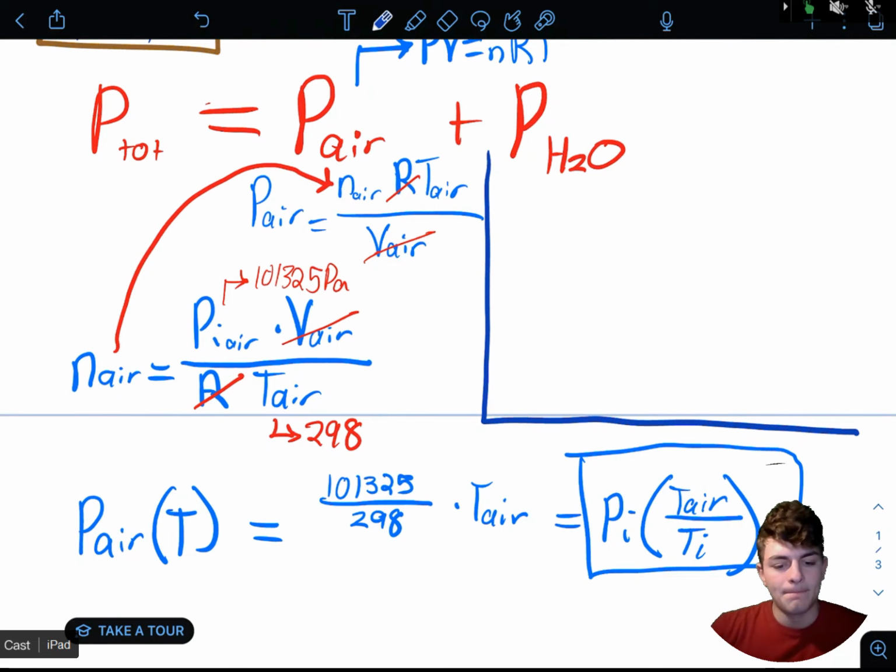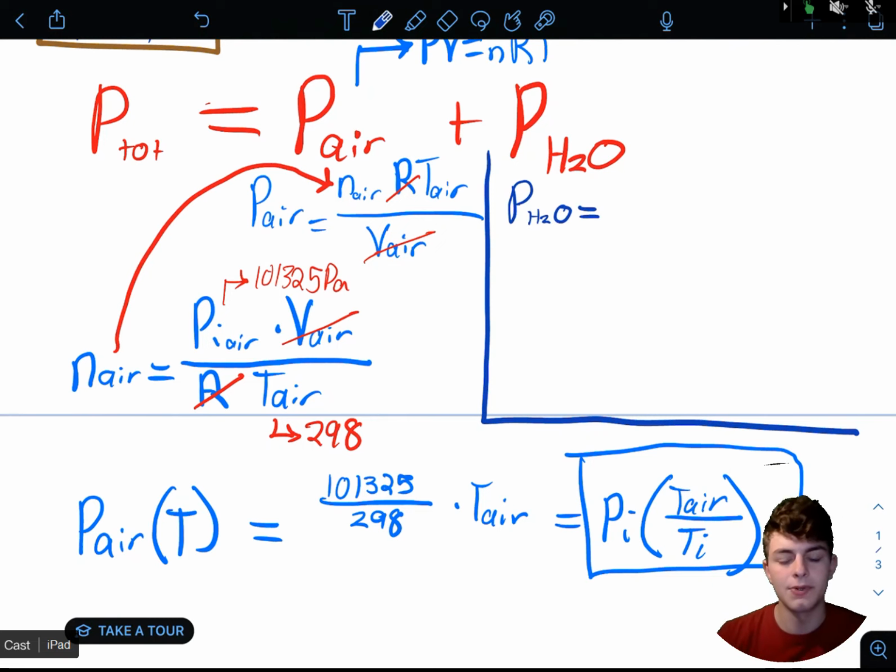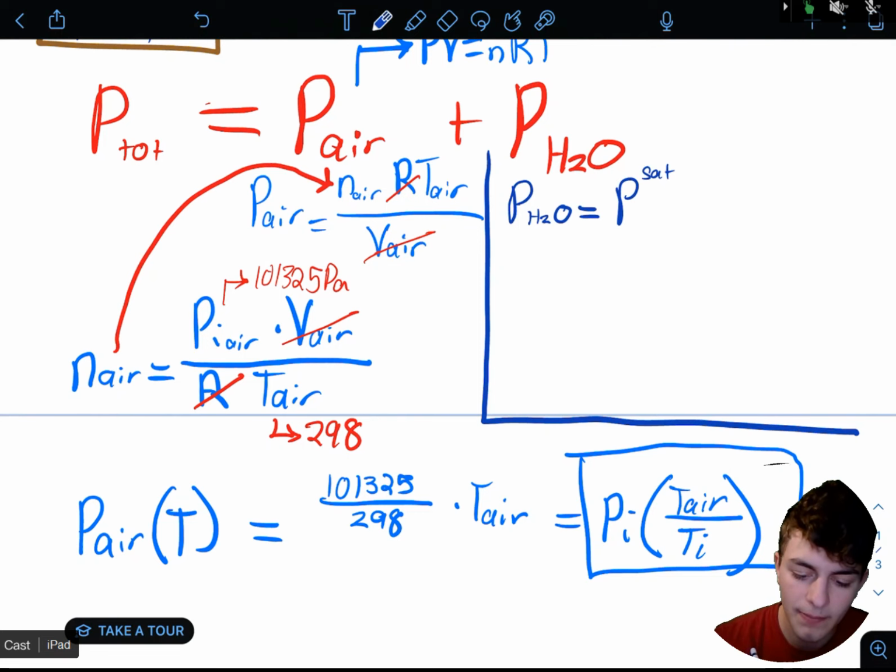Okay, so the partial pressure of water is actually going to be equal to the saturation vapor pressure of water.